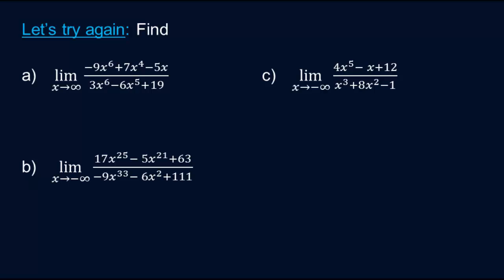Let's try and see how we can apply what we have summarized. So instead of dividing each term by the highest degree that occurs in the denominator, what we do is just look at the degree. So here in letter A, what's happening?